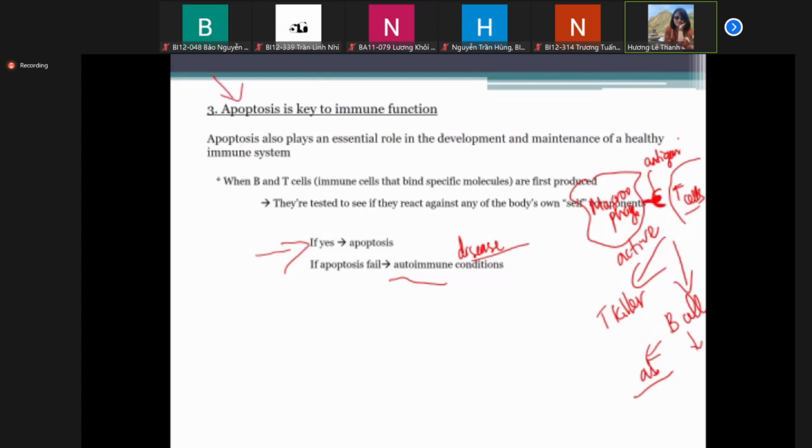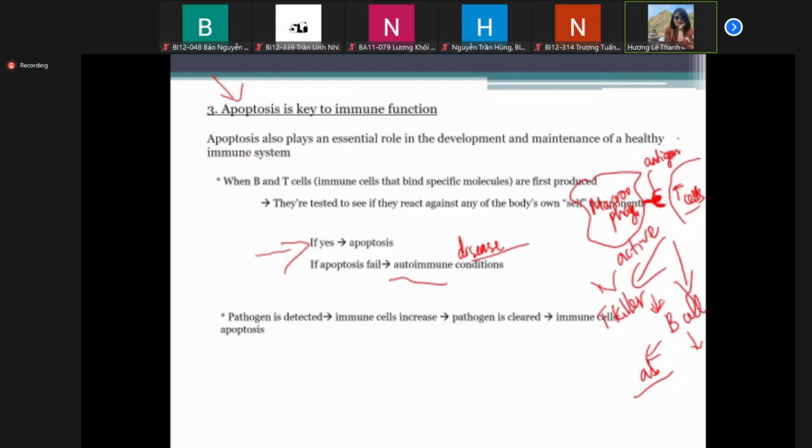And next, after the pathogen is detected and the killer cells and B cells remove all the pathogens from our bodies, the immune cells need to die because we don't need a lot of them inside our body. It takes energy, it takes everything from our body.